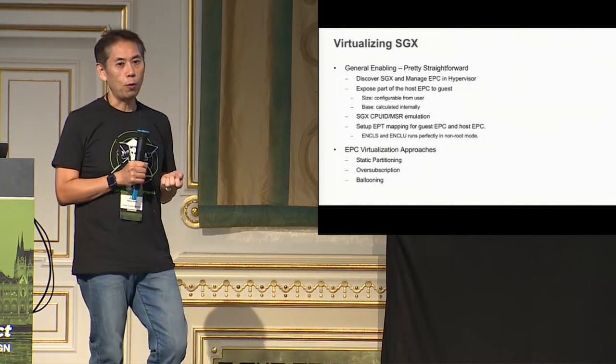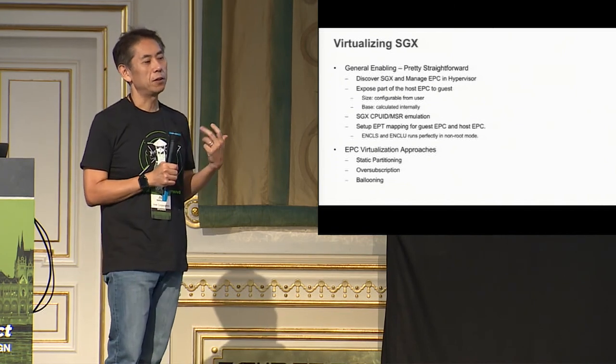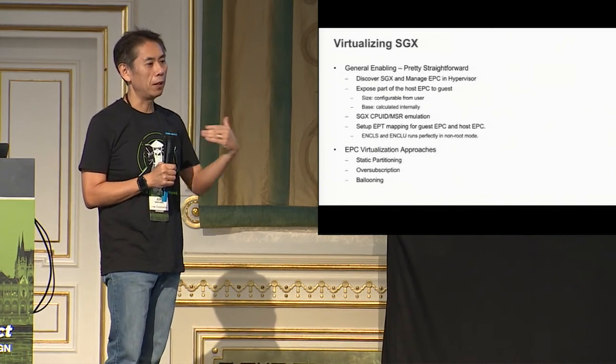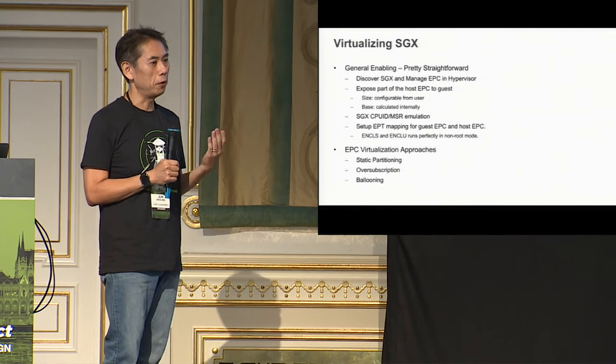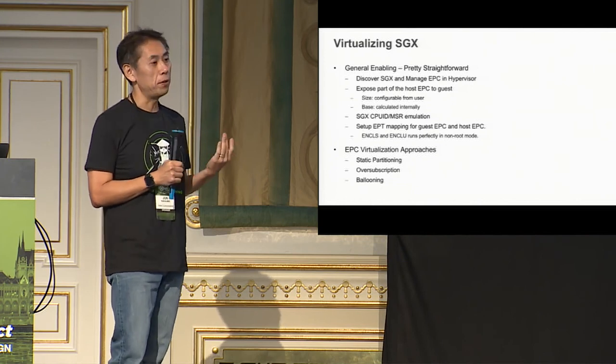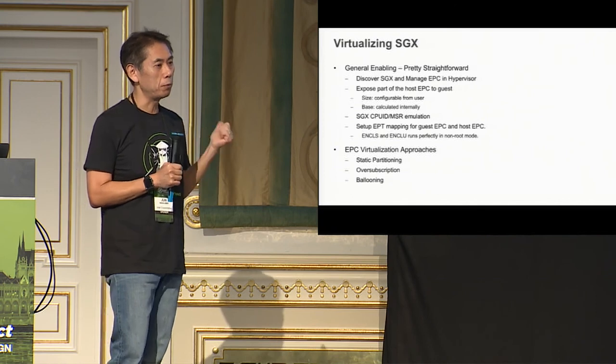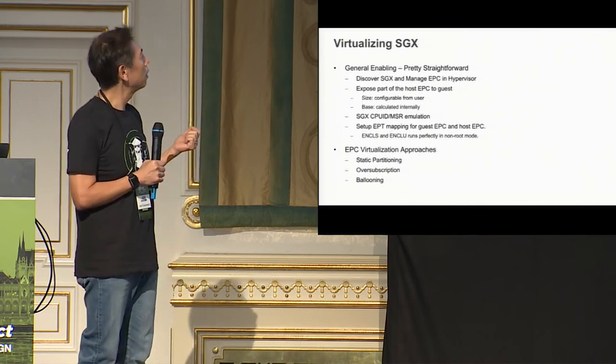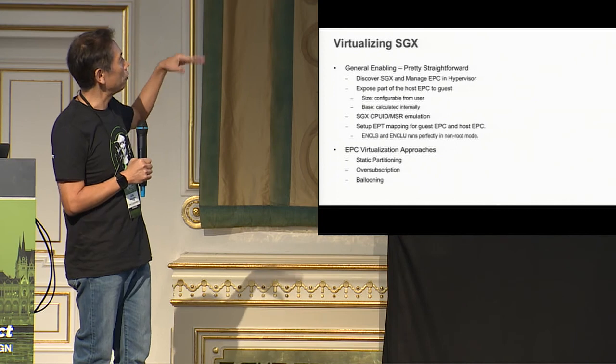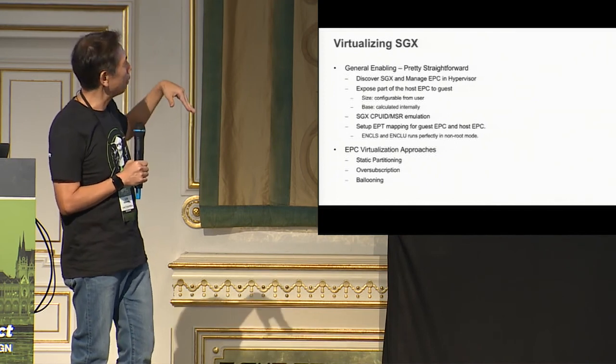So there are ways to, it's not really virtualized, but how are you going to provide EPC to guests? We have 3 options, and we actually did a POC for all of them.